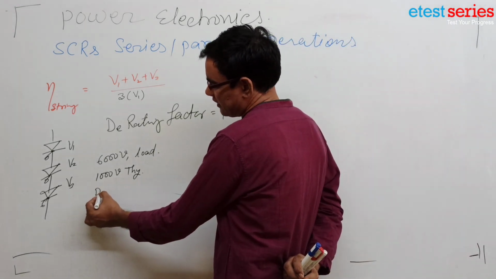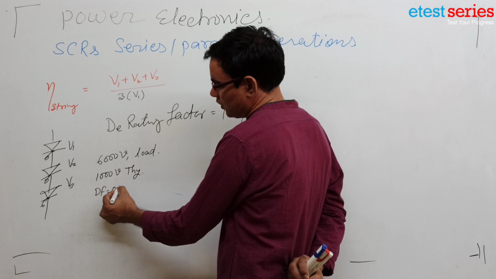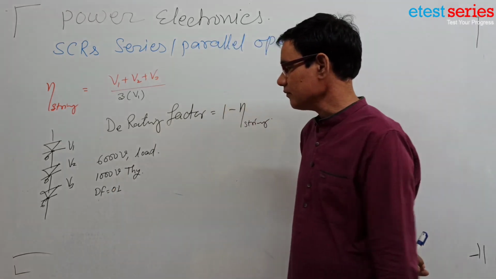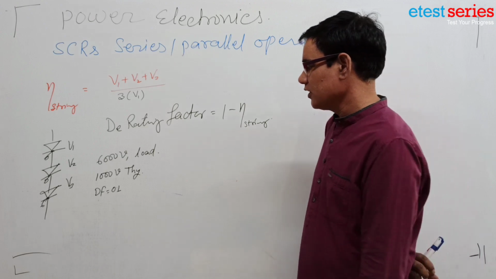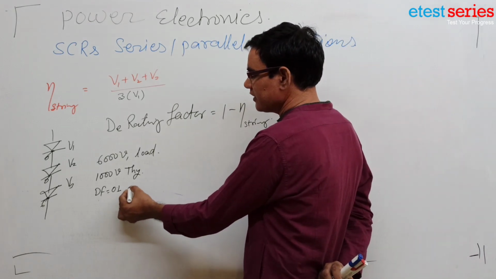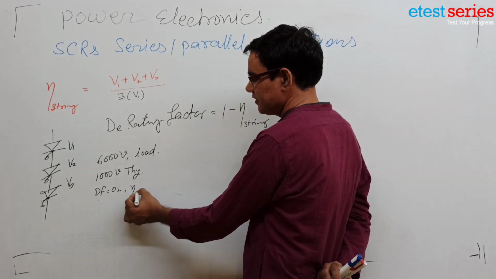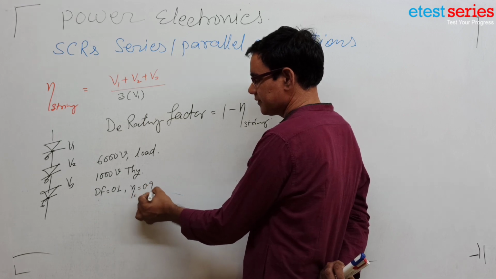The derating factor is 0.1. If the derating factor is 0.1, the string efficiency is equal to 0.9.